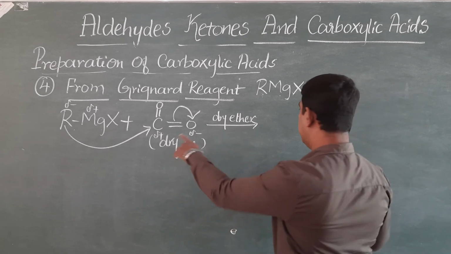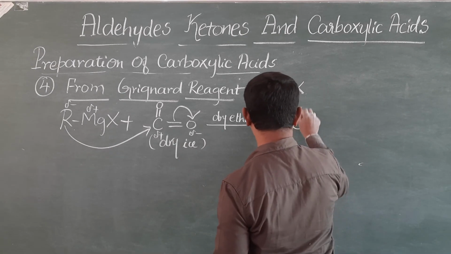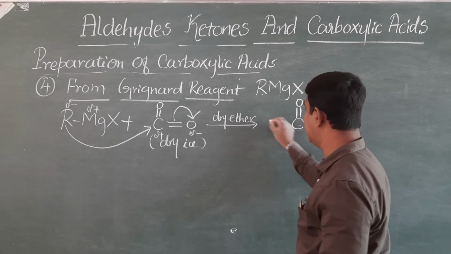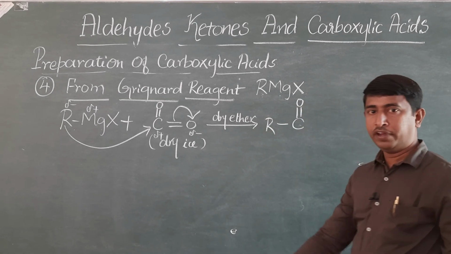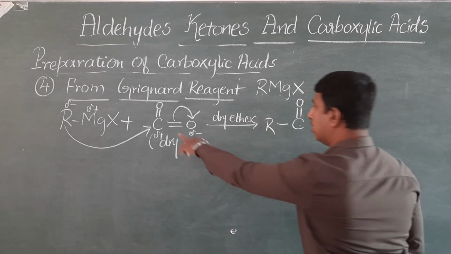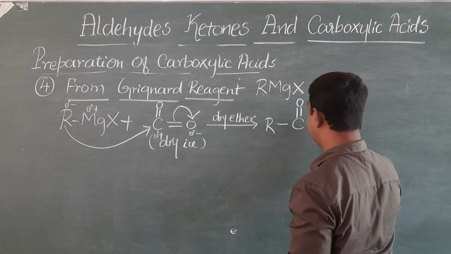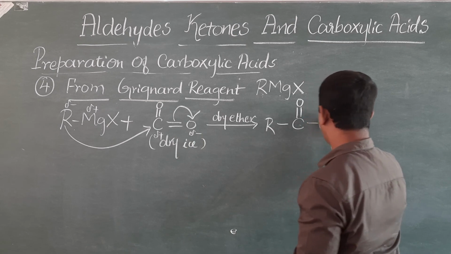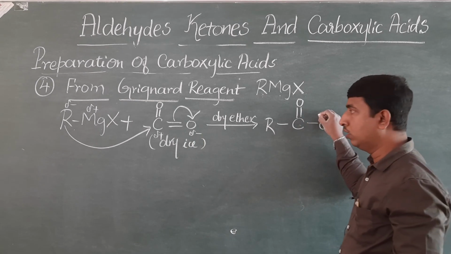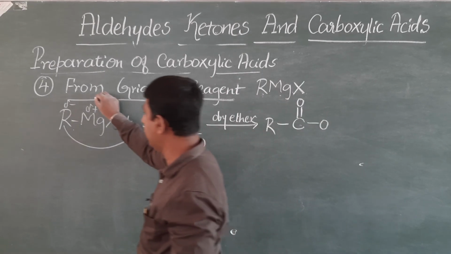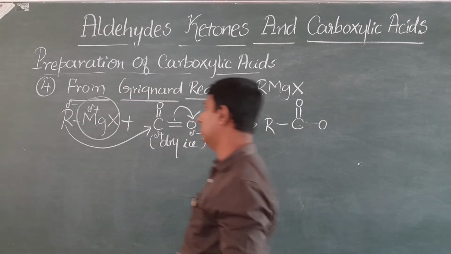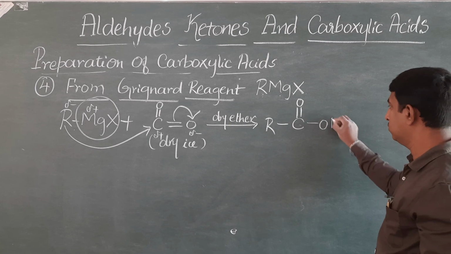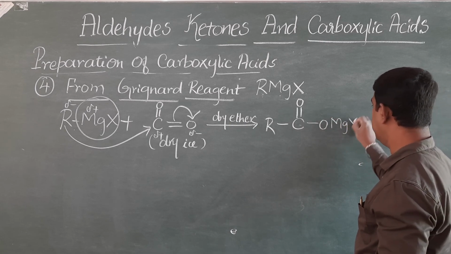Okay. So I can write C double bond O. This carbon is attacked by the nucleophile, that is the R. Here the double bond becomes a single bond now. O minus, correct, O minus, and this O minus will take up this positive part, that is MgX. So it becomes OMgX.